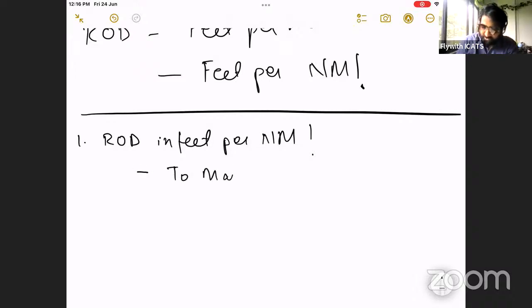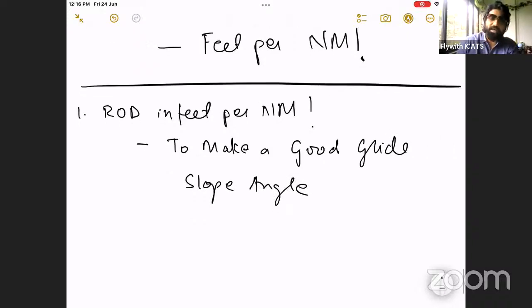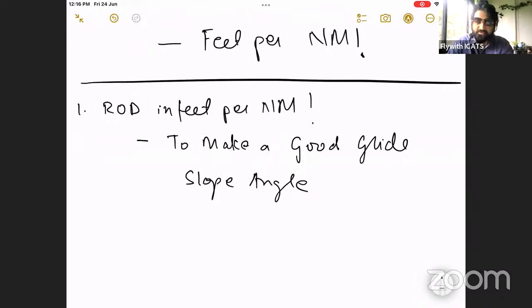What is the application? The application is to make a good glide slope angle. The glide slope angle of 3 degree, 4 degree, 5 degree is the best angle for you to make. But how do you determine how to make a good glide slope angle?